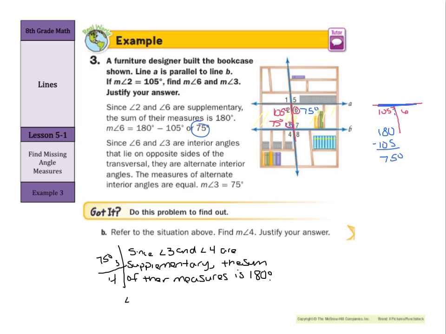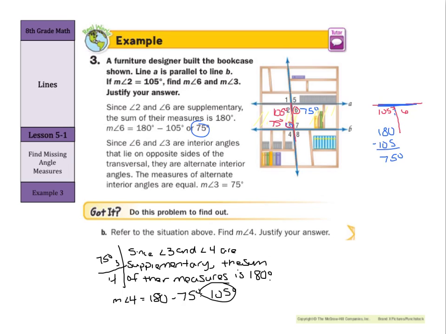And so the measure of angle 4 is going to equal 180 minus 75 degrees, which is 105 degrees.